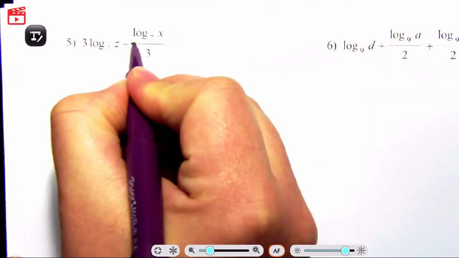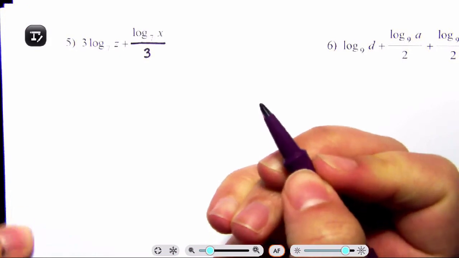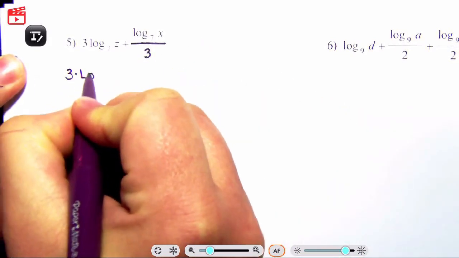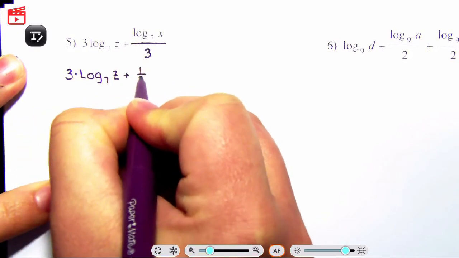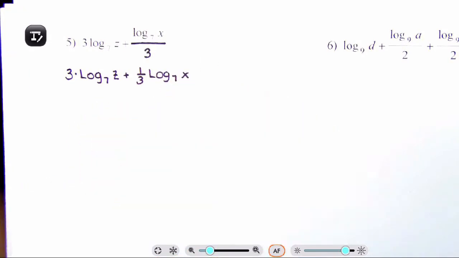Whenever you see a division by a number like this, it is the same thing as multiplying by 1/3. So I'm going to rewrite this: 3 times log base 7 of z plus 1/3 log base 7 of x. After rewriting the division as a multiplication, we're going to identify whether this is a quotient property, power property, or what's happening.